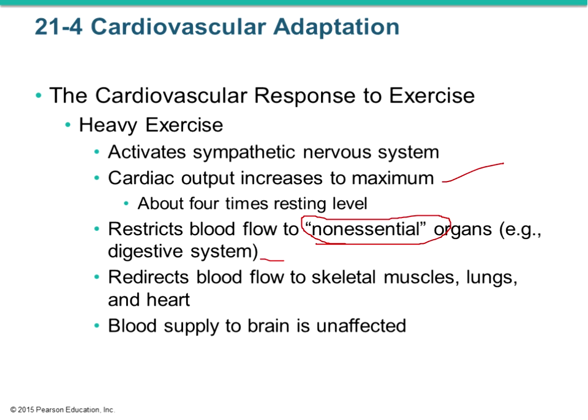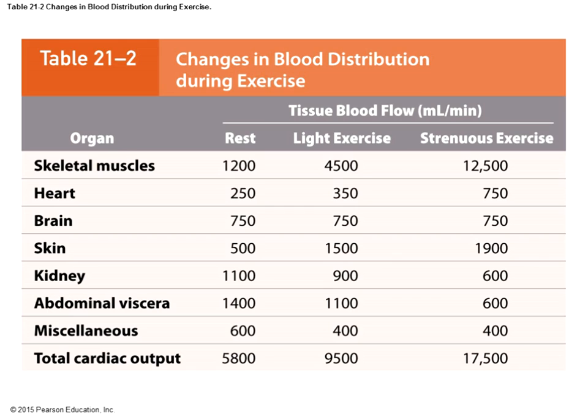Again, as I said before, it restricts blood flow to non-essential organs, like the digestive system is a great example. Your body is not concerned about digestion when sympathetic stimulation is going up. It redirects blood flow to the muscles, lungs, heart. Blood supply to the brain may increase a little bit, but for the most part, it's not going to go down. Blood flow to your brain is always essential, of course, and that's something that's important to understand.